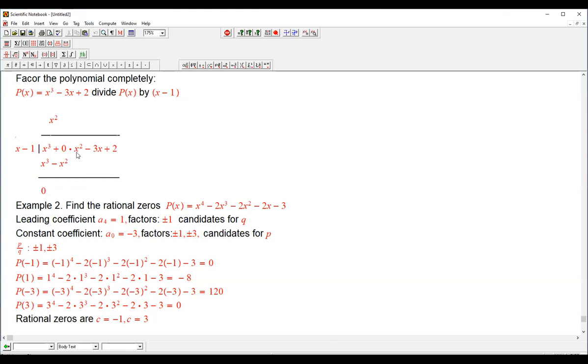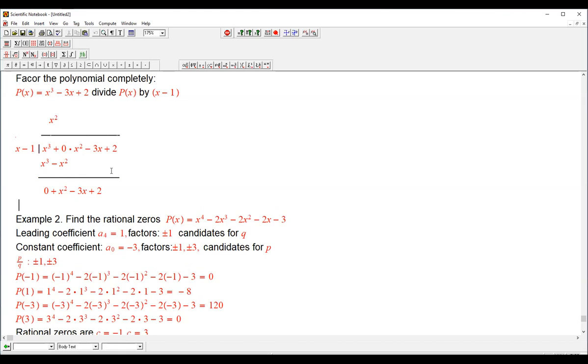And 0 times x squared minus negative x squared, be careful. 0 minus negative x squared is going to be x squared. It turns into positive x squared. That's what I wish you to understand. Okay, and these other terms subtract 0, so they come along.